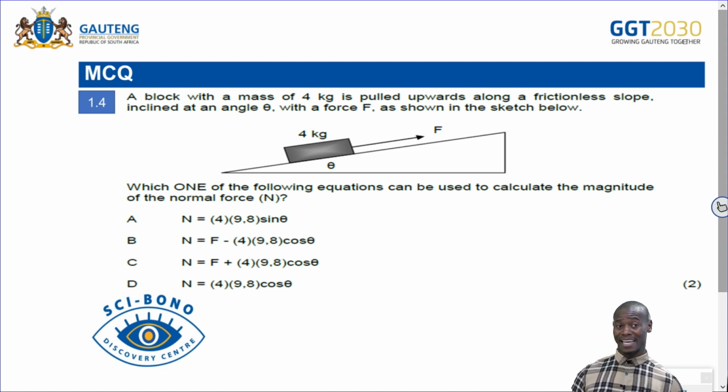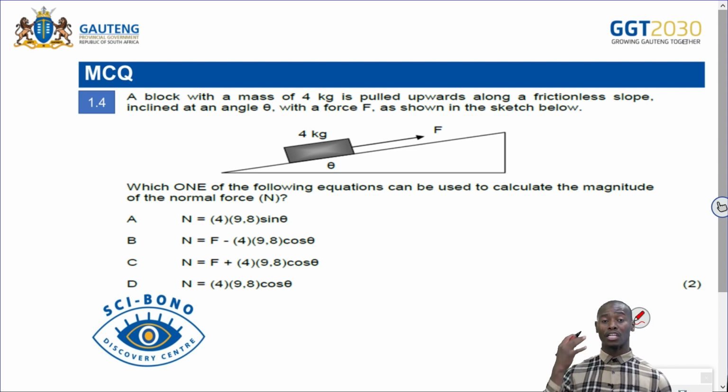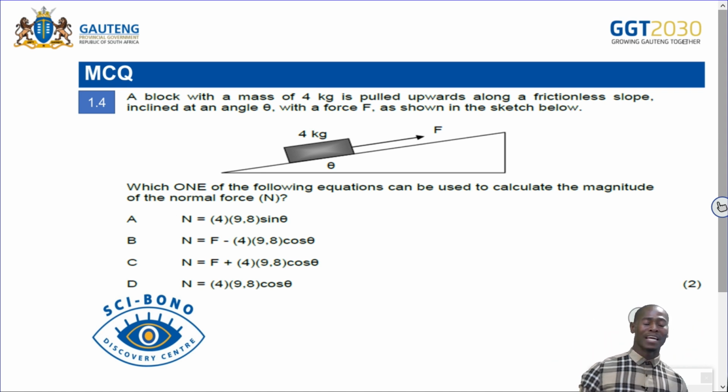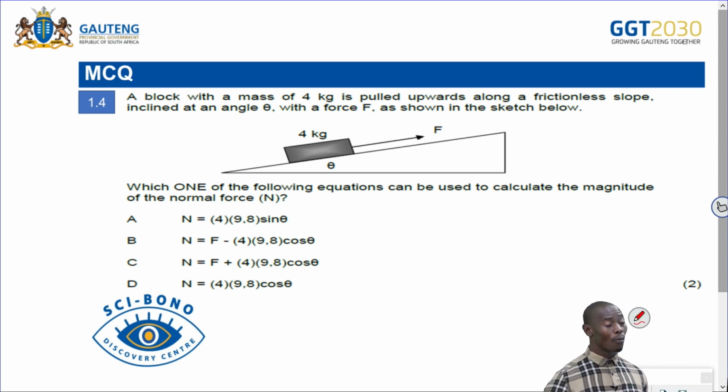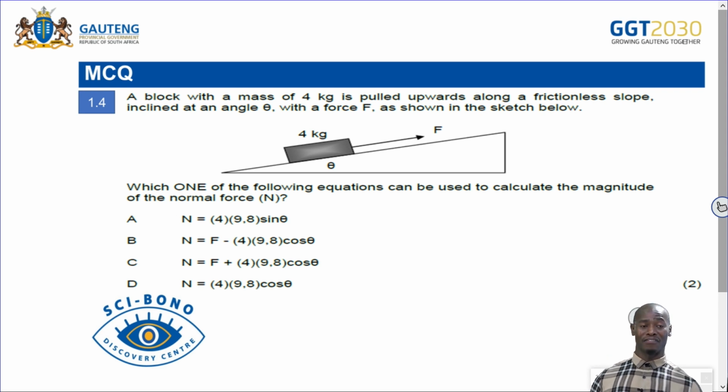The weight, or Fg in this case, is acting at an angle. So if a force is acting at an angle, we resolve that force into its components. That's the reason why, when it comes to an inclined plane, we need to resolve weight into its components. So the components will be your Fg parallel and the Fg perpendicular.